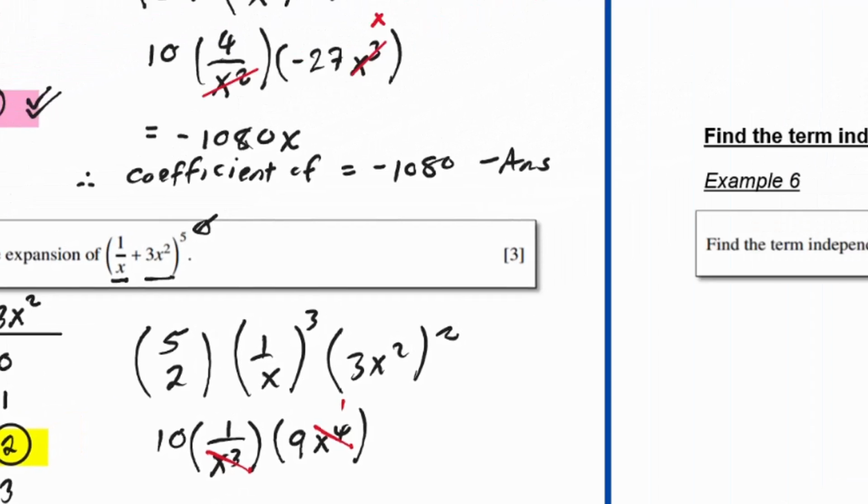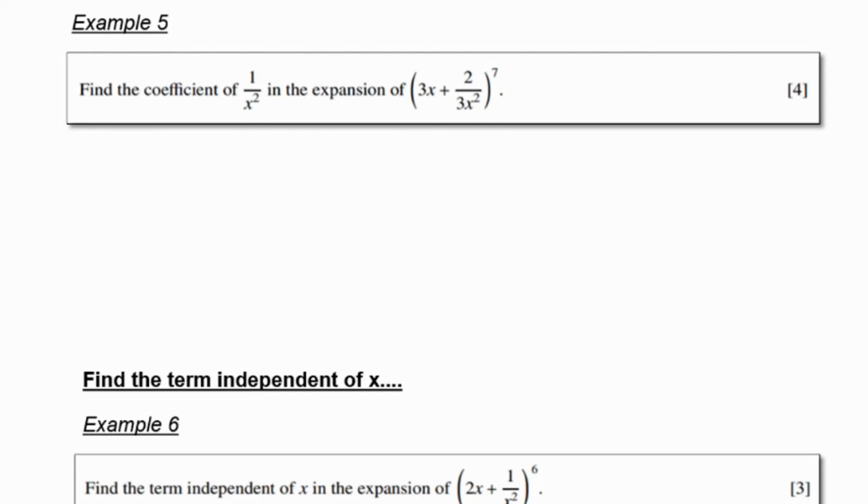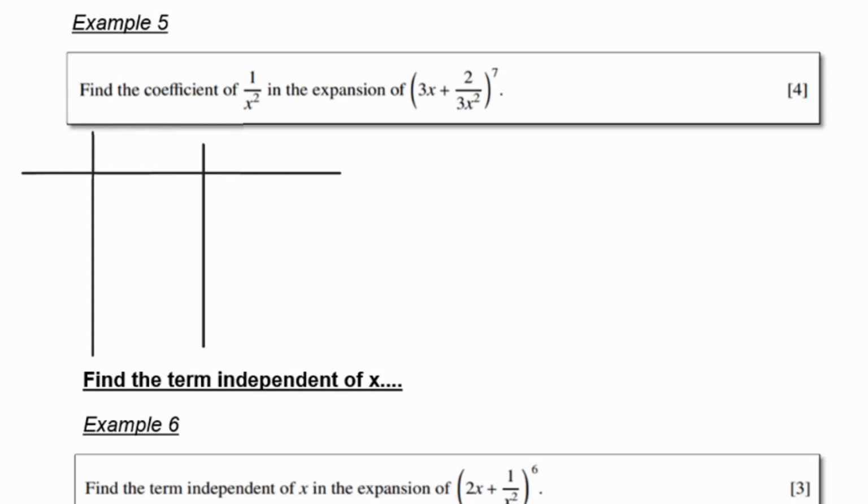Let's have another example. Here it says we should find the coefficient of 1 over x squared in the expansion of 3x plus 2 over 3x squared all raised to the power 7. So again, we will have this. And we have r.